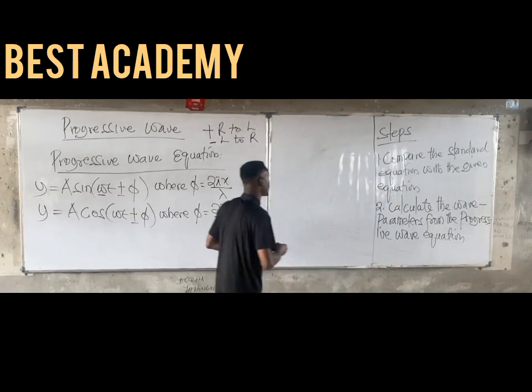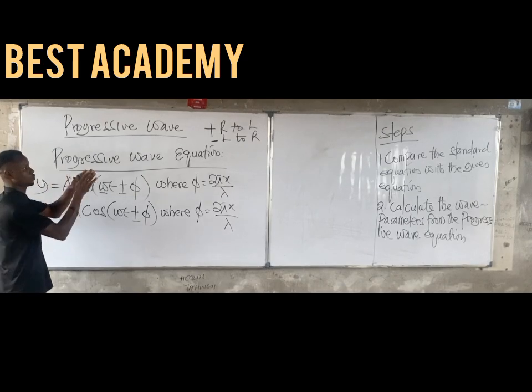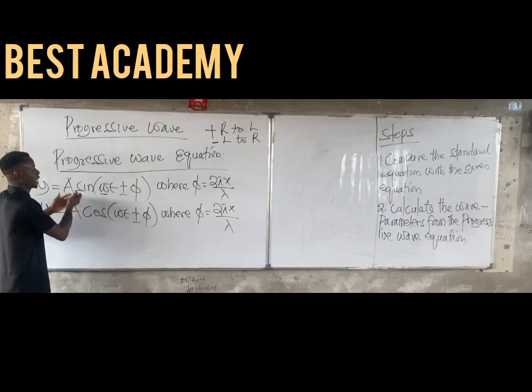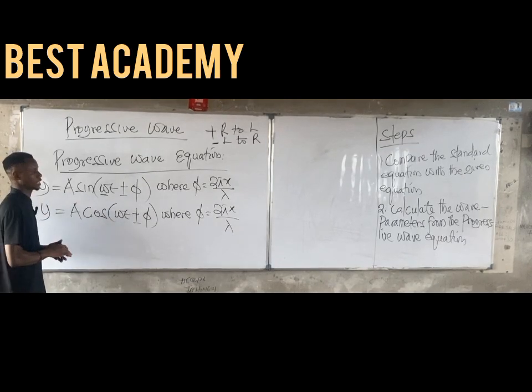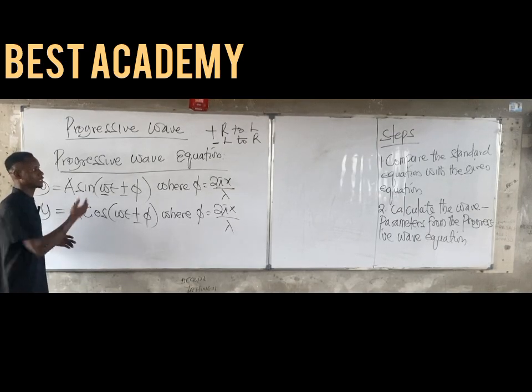Okay, now you have to compare, listen please, you have to compare the given one, the one that will be given to you in the equation, and maybe this standard one, and find all the available parameters before you calculate what you are asked to calculate. Please take note. Okay, let's solve question one here to understand the steps.